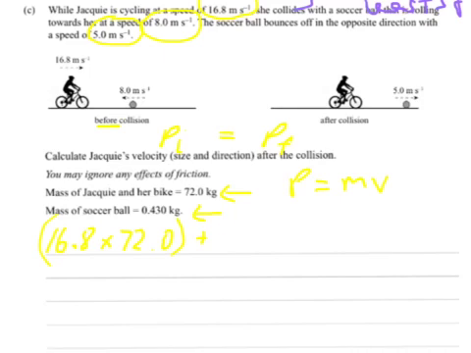So this should be a negative velocity of 8.0 times the mass of the ball, 0.430. Everything is 3 SF except for that velocity, so that's going to limit it in our calculations. In any case, let's just do that calculation really quickly and see what we get.